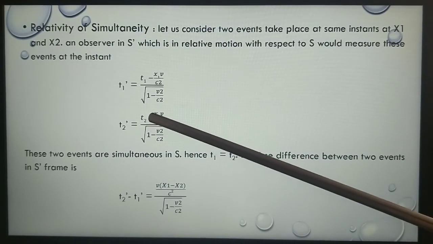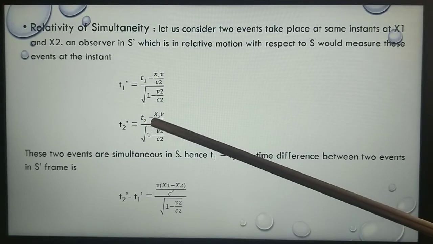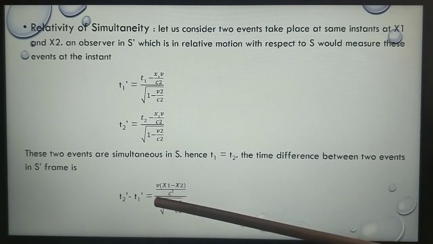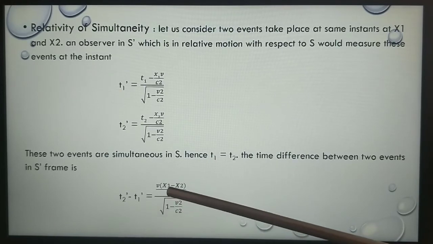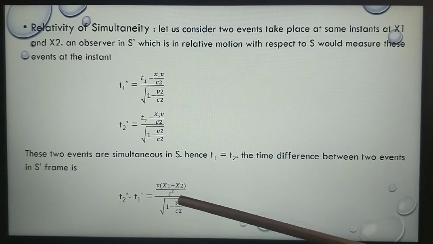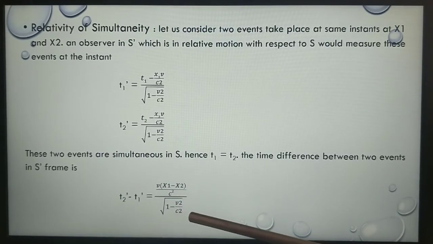This quantity gets cancelled, t1 and t2 get cancelled. So t2 dash minus t1 dash equals v times (x1 minus x2) upon c square, upon root 1 minus v square upon c square.